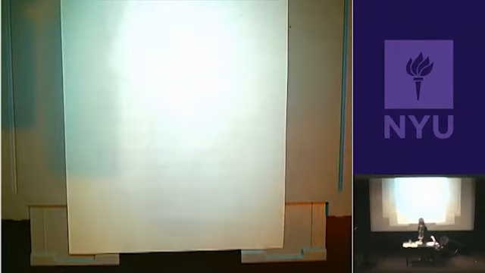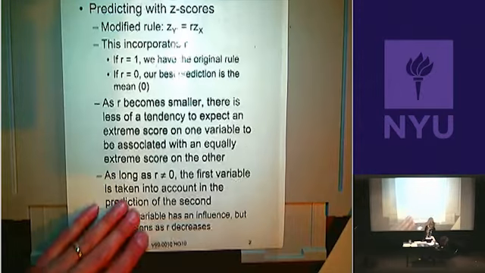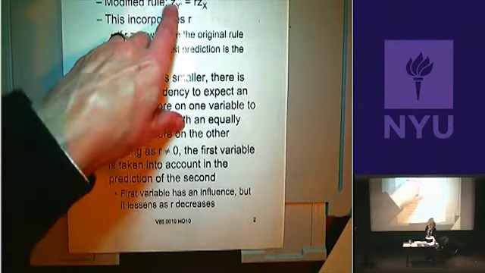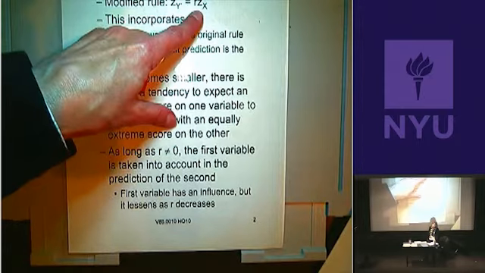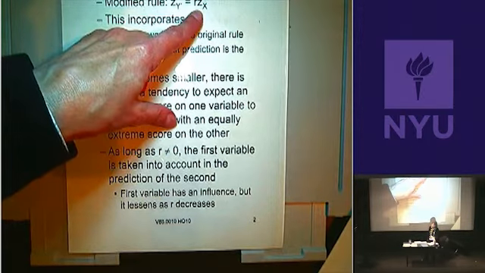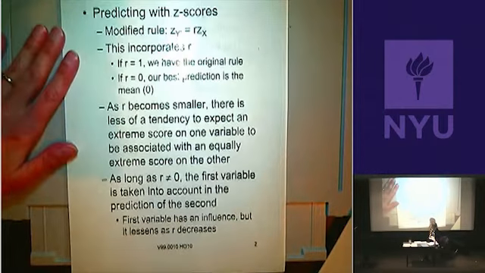So what's our modified prediction rule? Our modified prediction rule looks something like this. Z of y prime equals r times z of x, the correlation coefficient.